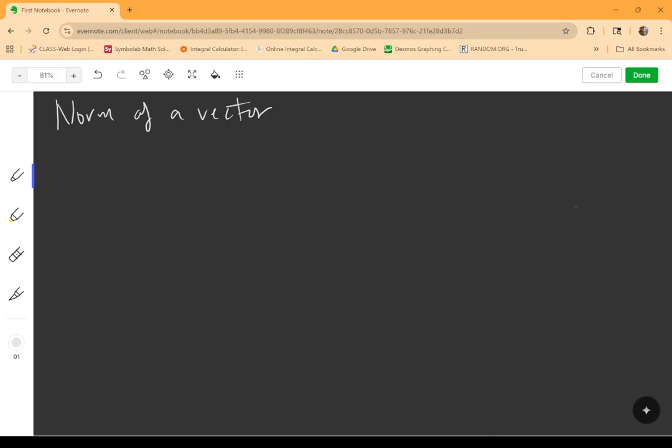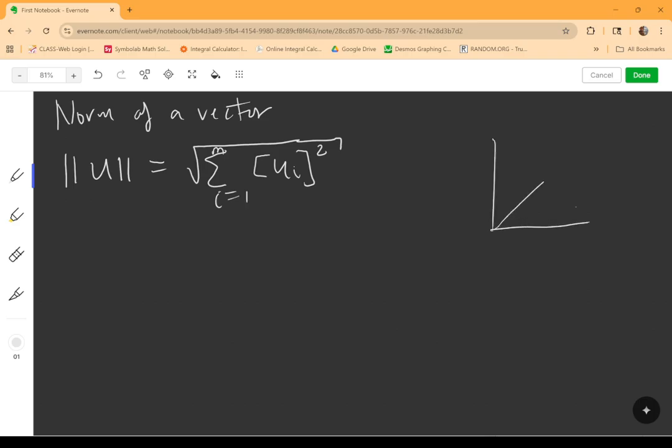The norm of a vector, using this notation here, is defined as the square root of the sum, from i equals 1 to n, of u sub i squared.